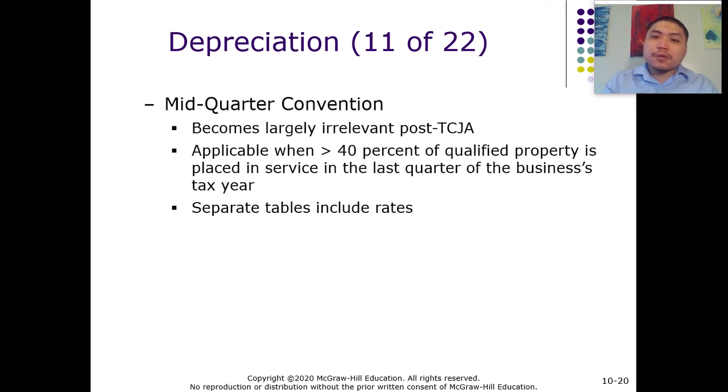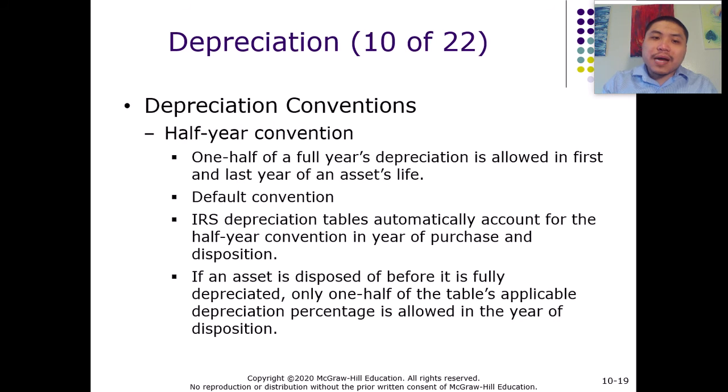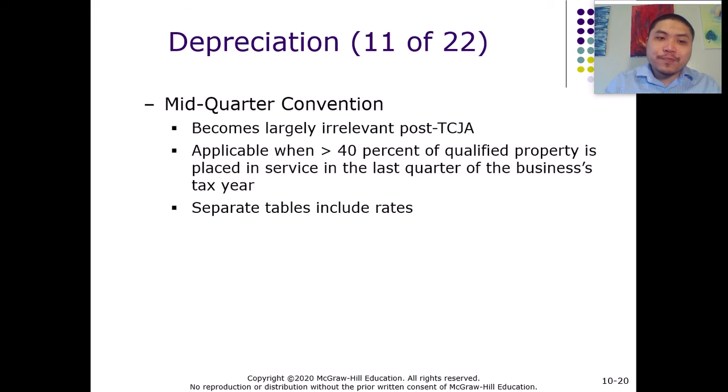So comparatively speaking, the half-year convention allows a business to deduct half of a full year of depreciation expense in the first year of the asset's life, whereas the mid-quarter convention only allows the asset to deduct half of a quarter's depreciation expense in the first year that the asset is put into service, right?